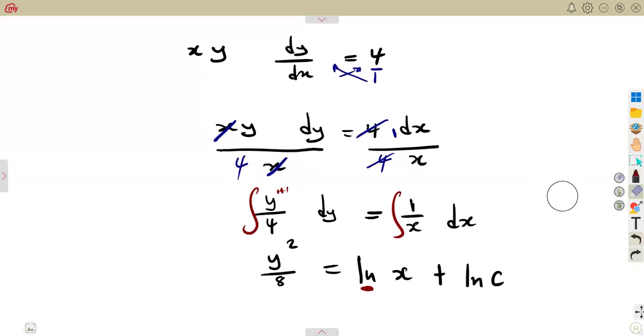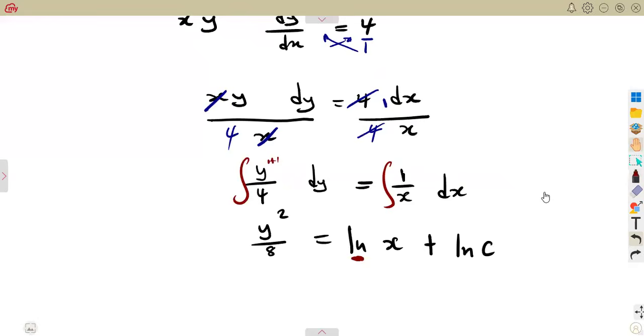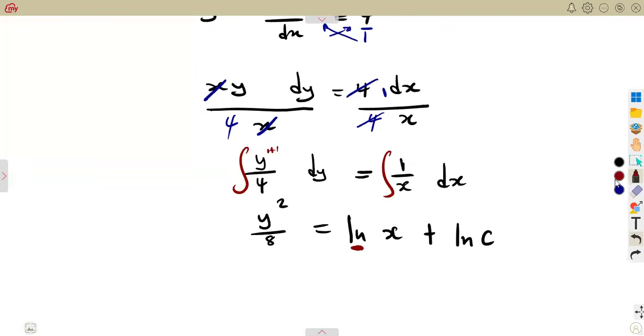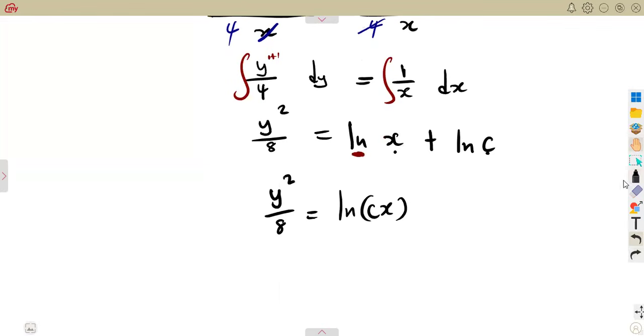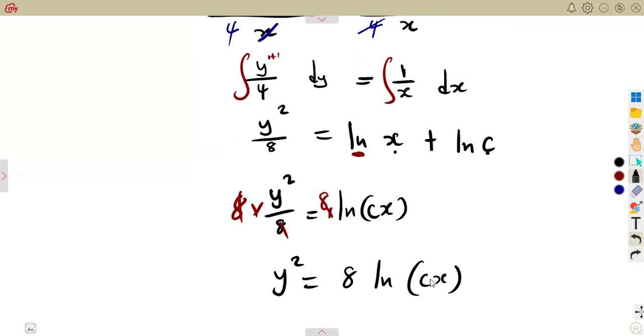So we can combine this in terms of the ln that we are given. Once we have a ln, we add, meaning that's a product of these two under the same ln, so that will be cx under the same ln. So to find this, I'm going to multiply by 8 both sides. That means y squared can be written as 8 ln of cx in simplest form.